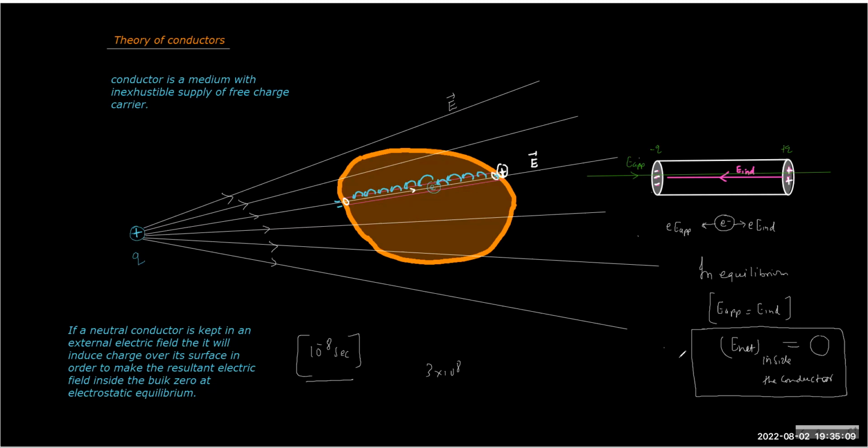Now we know that the net field is going to be zero inside, right? So eventually the net will be zero, which means in any volume which is deprived of field, we cannot draw field lines. So the electric field lines should not be drawn inside the volume of the conductor. If you are drawing them, it's wrong.